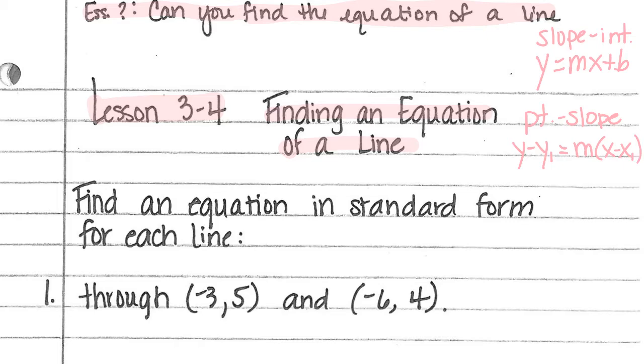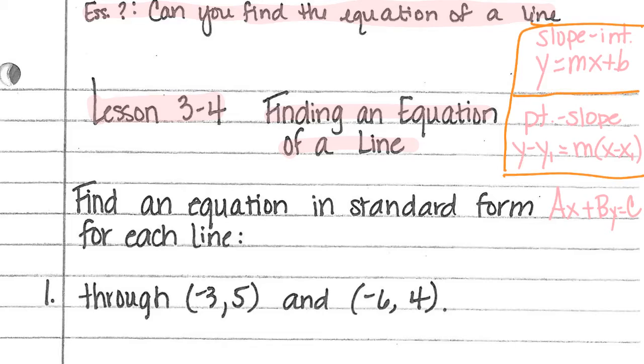Obviously, this is great if you have a point and a slope. In our standard form, ax plus by equals c, we will not use as much as we will these two. So for building, creating, making a line, we want to go ahead and use those two, slope-intercept and point-slope form.